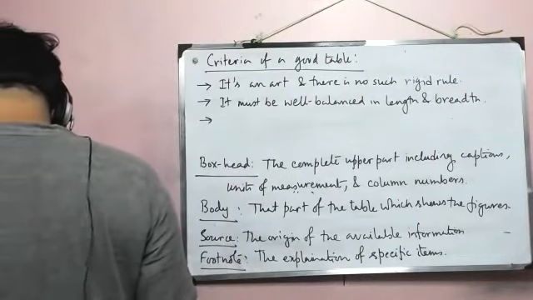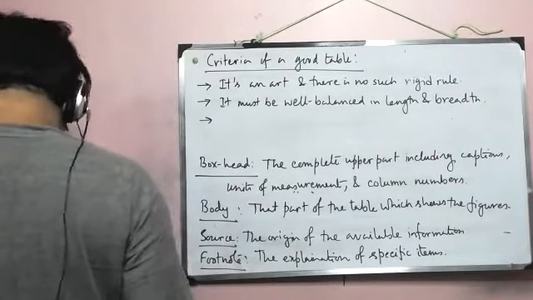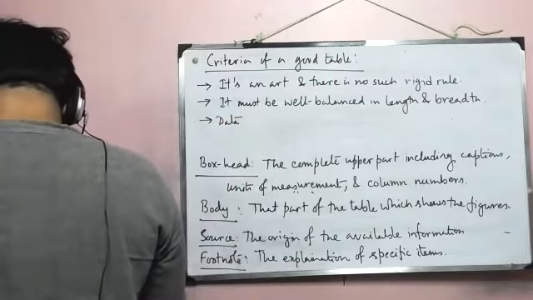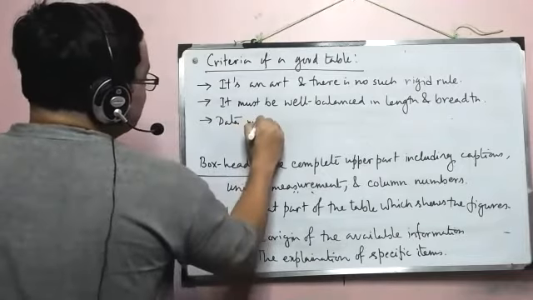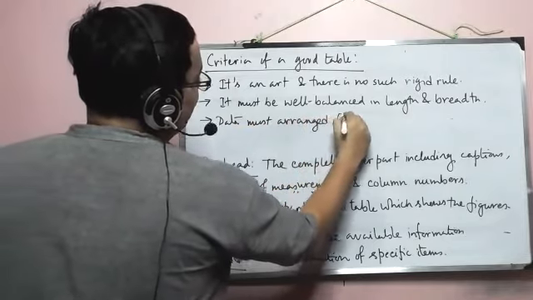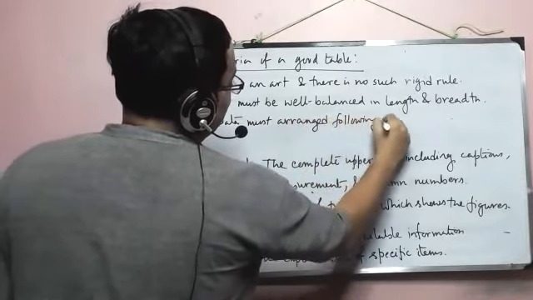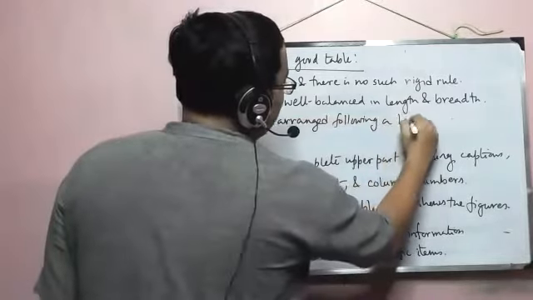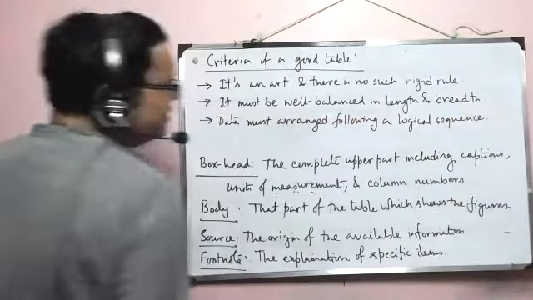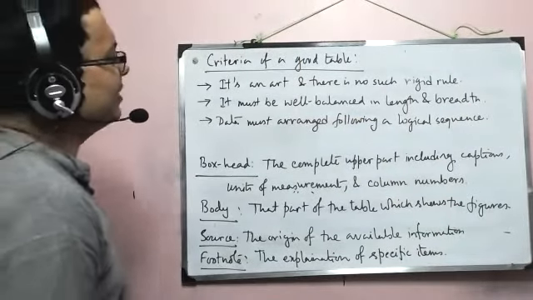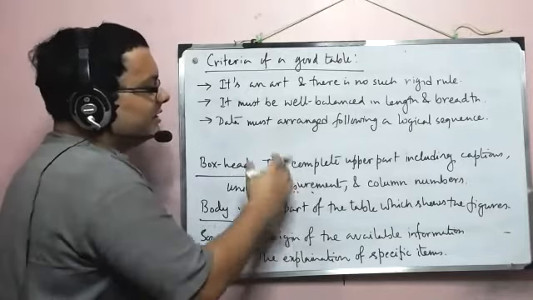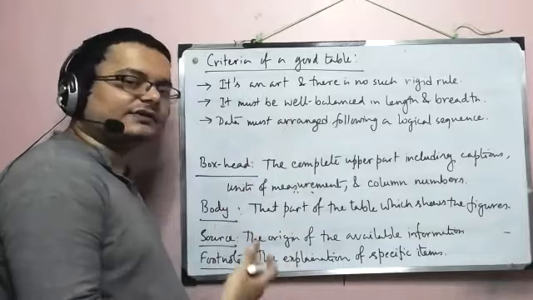Then data must be arranged following a logical sequence. So that means, if you have two genders, male and female, you will try to keep them together just side by side, that kind of a thing. Okay.